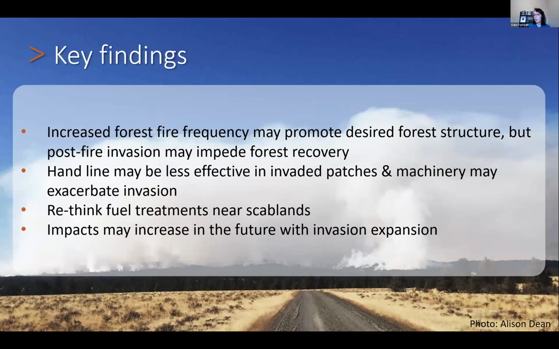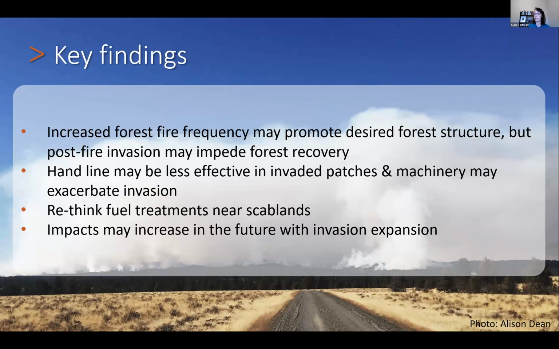So to wrap it all up, we found that increased forest fire frequency may promote this forest structure, but that post-fire invasion might impede forest recovery. This is speculating, maybe future work, to look at how these forests that have lost their canopy are going to recover now that the understory is heavily invaded.